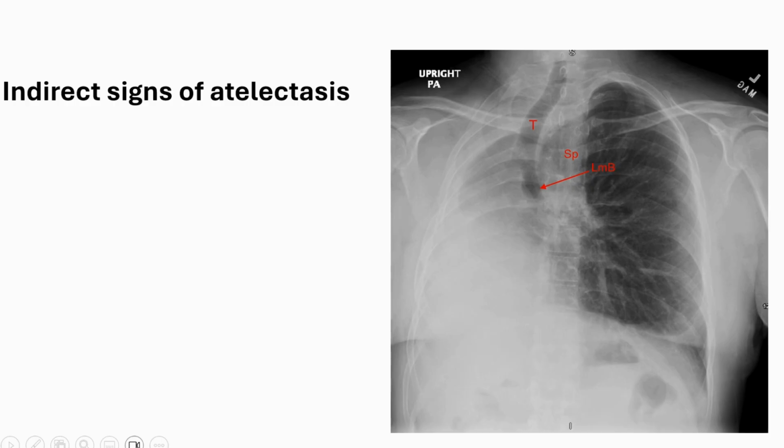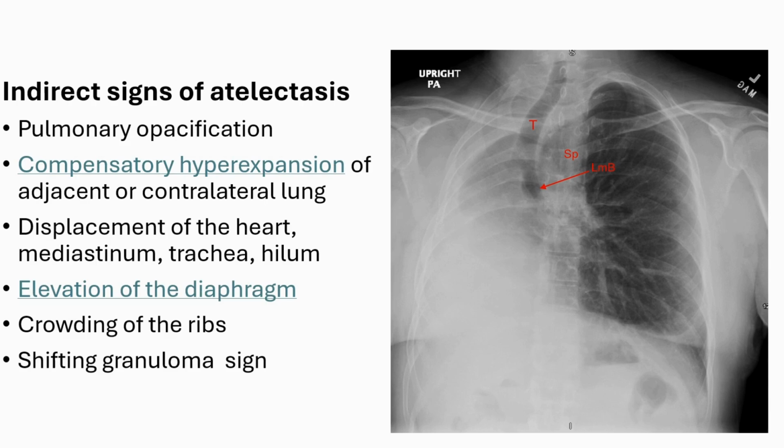Now the indirect signs of atelectasis. There are certain signs which can help in diagnosis. These are the opacification, that is the radiopaque lung field, and compensatory hyperinflation of the contralateral or adjacent lung parenchyma. So we can see that in this image there is a compensatory hyperinflation of the left lung, displacement of the mediastinum or heart or trachea.